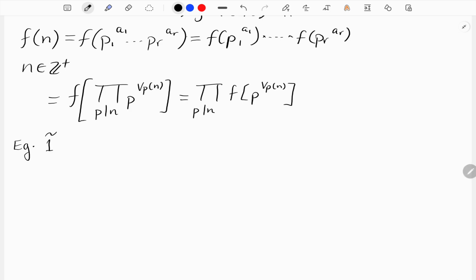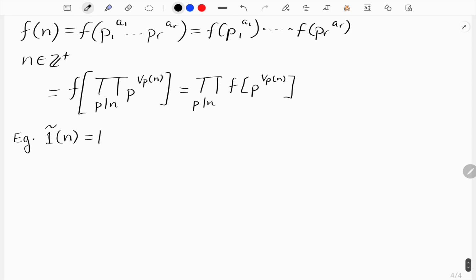So you have the 1 tilde constant function that basically maps everything to 1. So 1 tilde of n is equal to 1 for every n in the positive integers. Okay, we're talking about multiplicative functions here, so our domain is only positive integers.